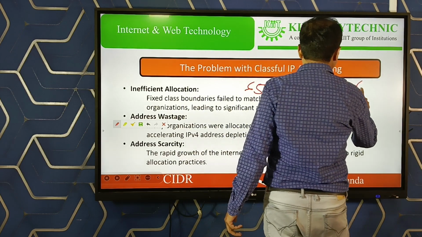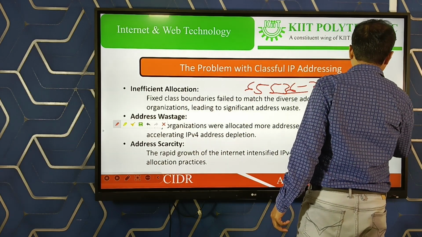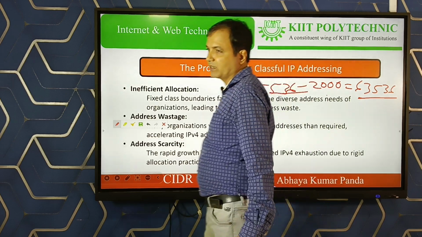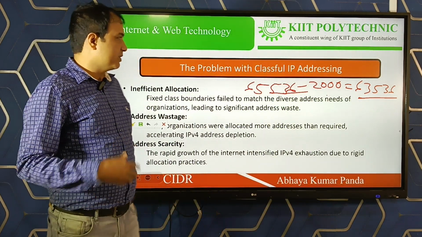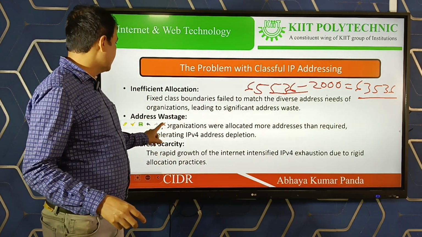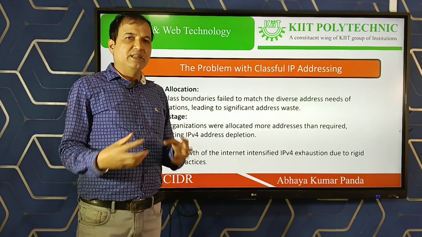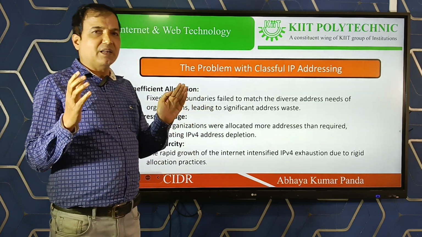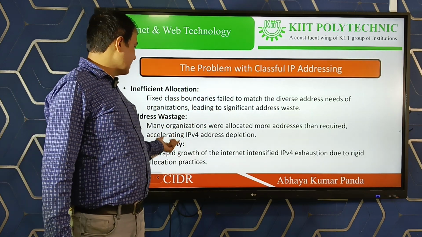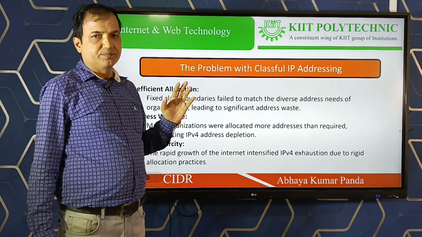About 63,536 IP addresses are wasted, and we cannot use them elsewhere. Since IP addresses are limited, address scarcity happens.